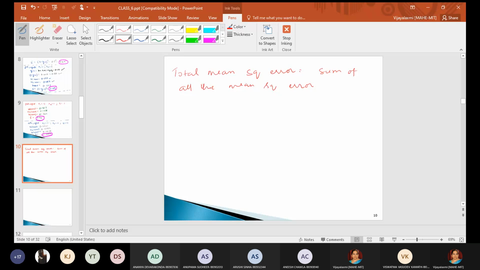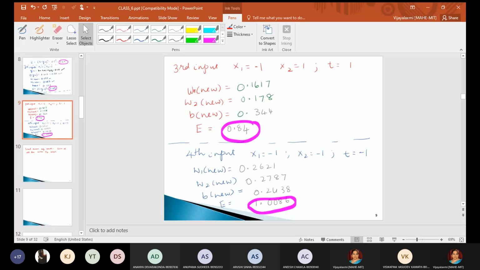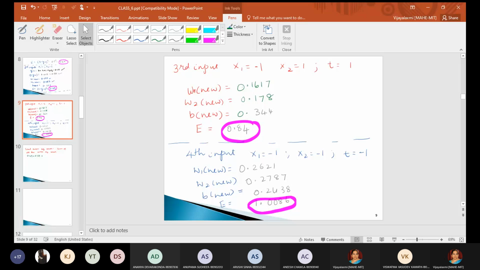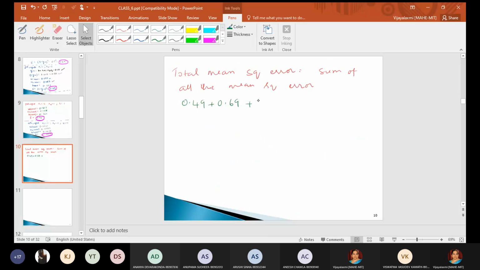Now you can just add these errors. It is 0.49 plus 0.69 plus 0.84 plus 1.0086.